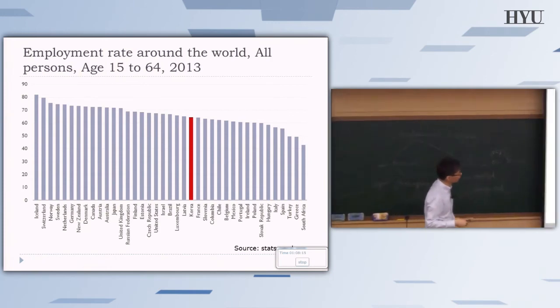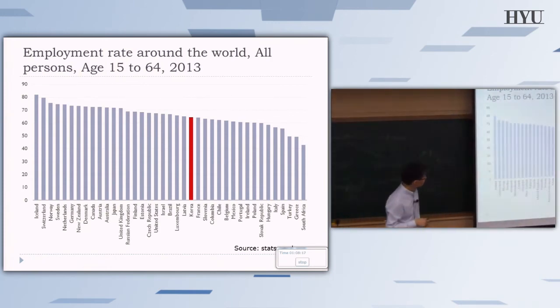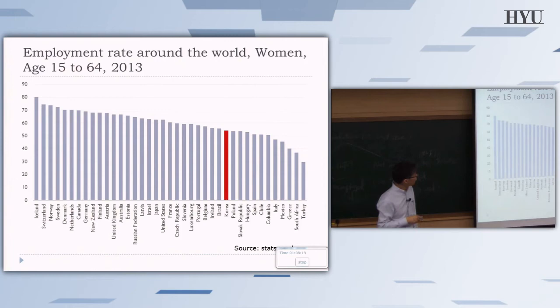And one reason that our employment rate is low is because women's employment rate is very low in Korea's case. Look at this. So this is women's employment rate. You see, a bunch of countries much higher. Okay. So Brazil, Ireland, Belgium, Portugal, Luxembourg, right?